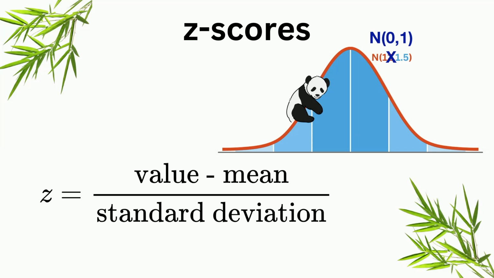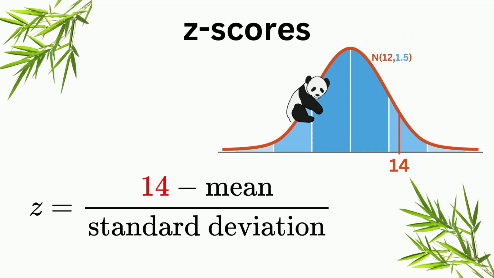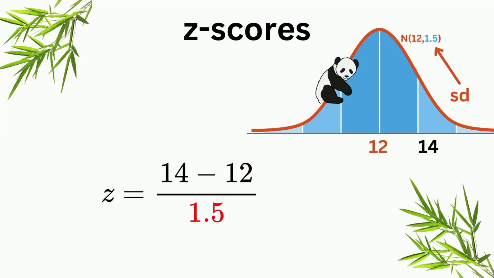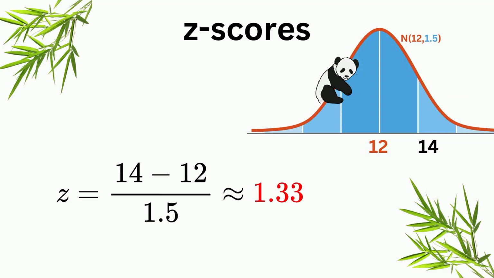The z-value is equal to the data value minus the mean, all divided by the standard deviation. For example, if a panda sleeps for 14 hours, we can calculate its z-score, which is 14 minus 12 divided by 1.5, so about 1.33 as our z-score.